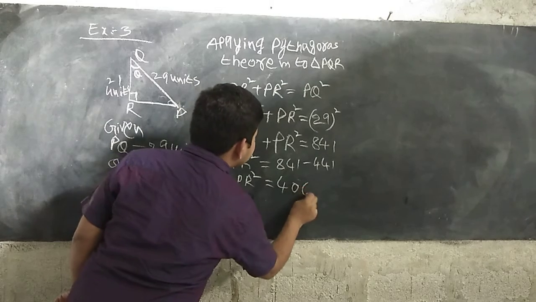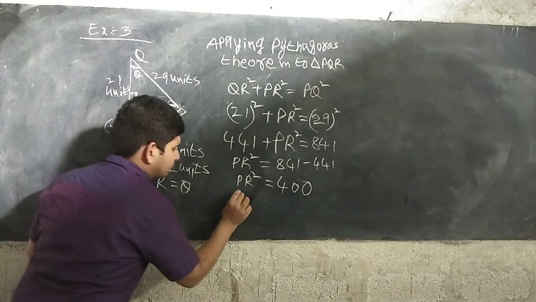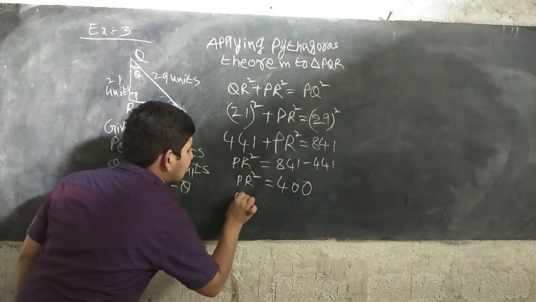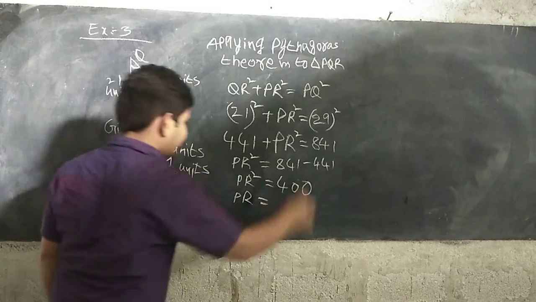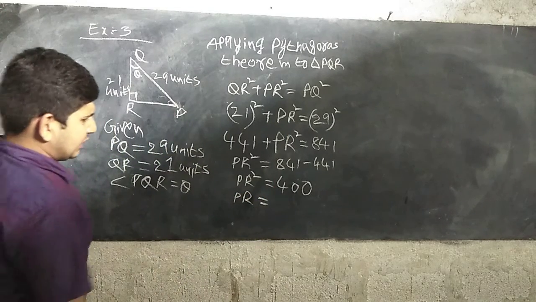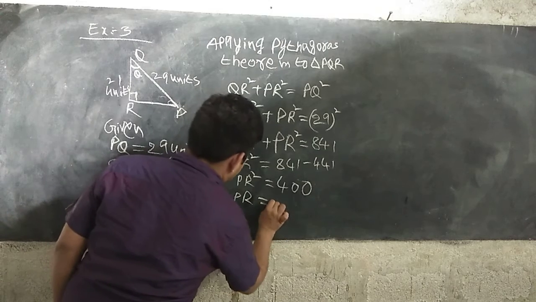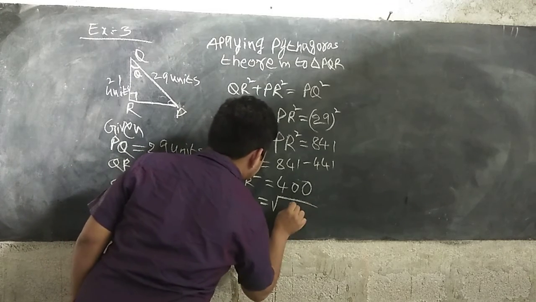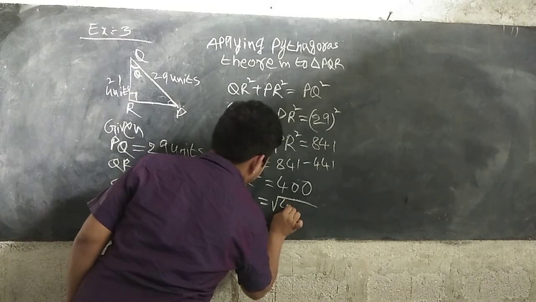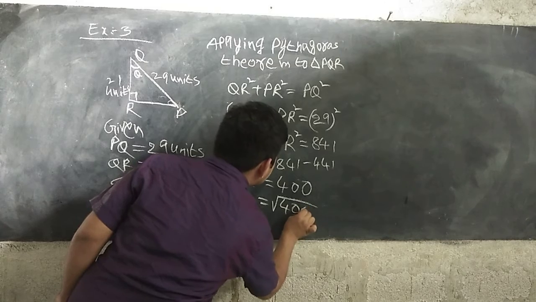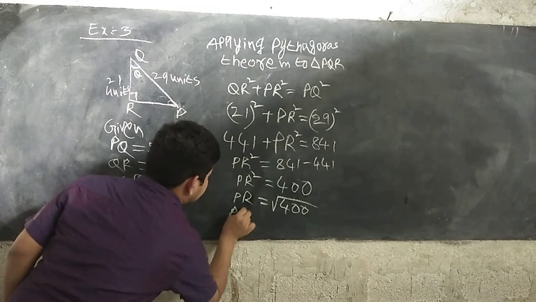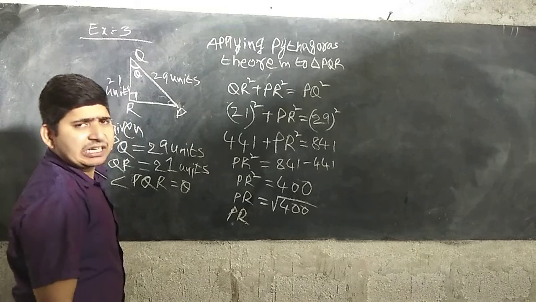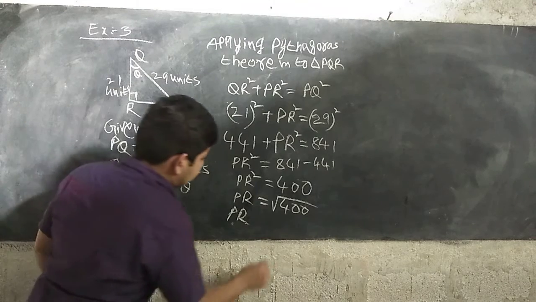Now PR equal to under root of 400, so PR equal to 20 units, since 20 squared is 400.